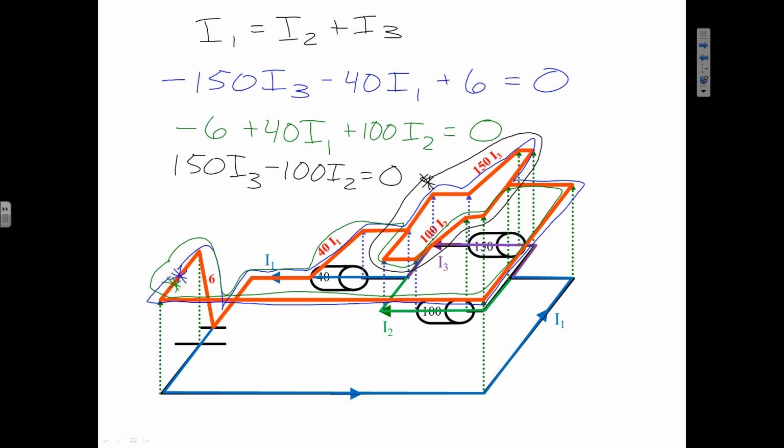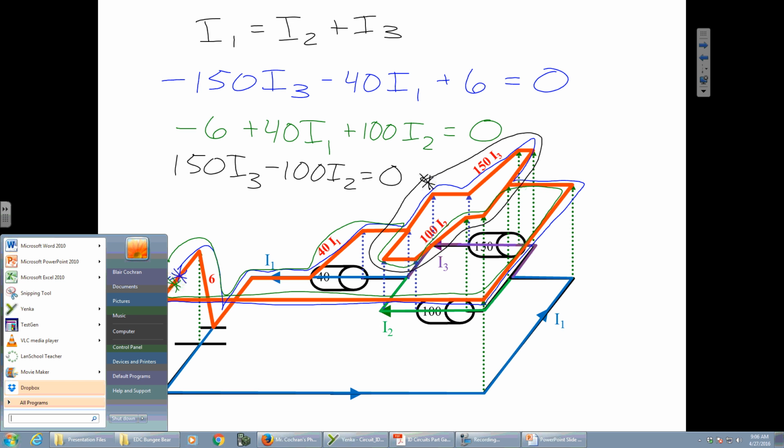And 150 C minus 100 B equals 0. You can also do these on your calculator. You can put them in. You can also convert them to coefficient and variable matrices and do matrix math on them. There's a lot of ways to solve those. So pick your method. You can also do it by hand. Doing this one by hand, you would do some substitution and things like that.